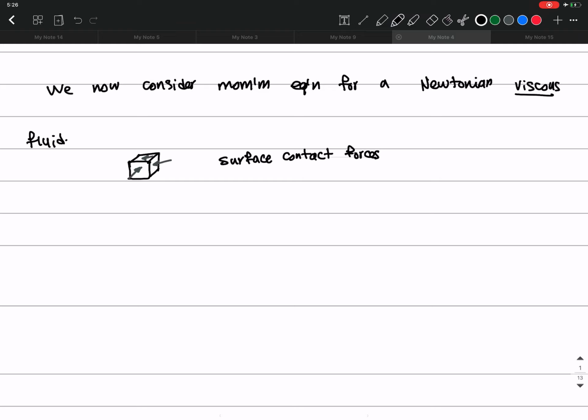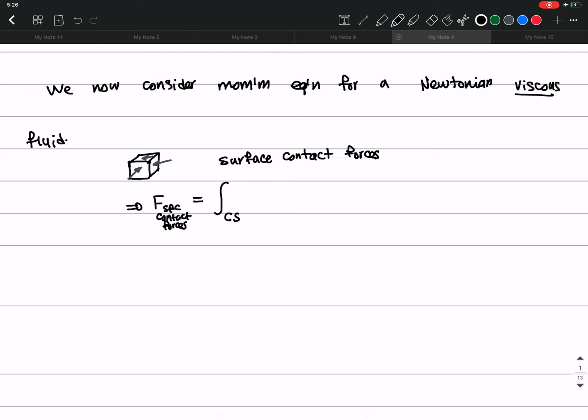I can write the sum of all surface contact forces by integrating over the surface of any control surface of any control volume.